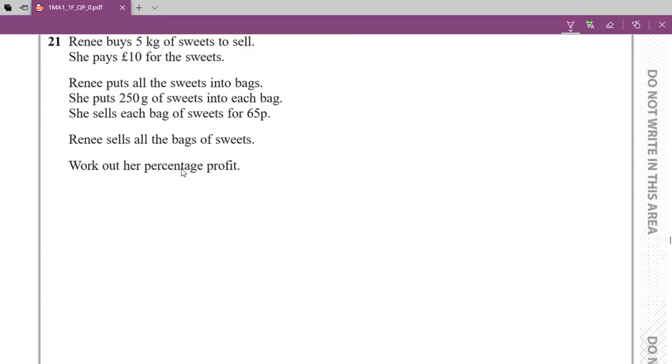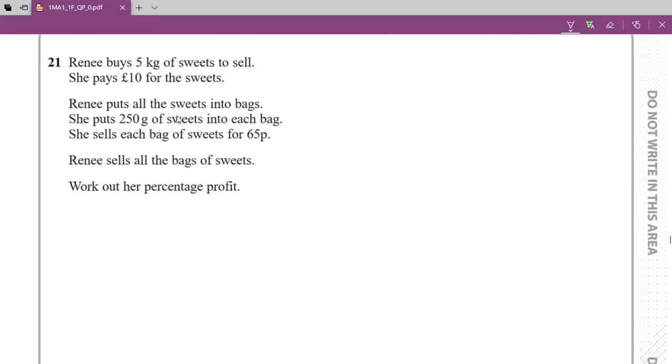All right. So what we're going to do first is change the 5 kilograms of sweets to grams, and you know there are 1,000 grams in a kilogram, so 5 kilograms is definitely going to be 5,000 grams. So she really bought 5,000 grams of sweets. She pays £10 for the sweets, and then she puts all the sweets into bags, 250 grams of sweets into each bag.